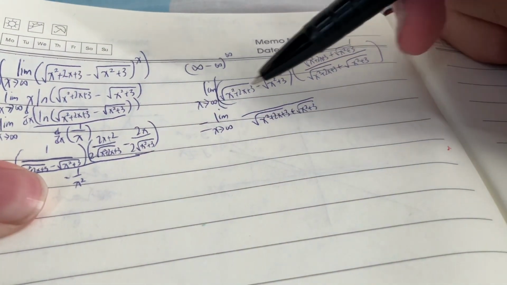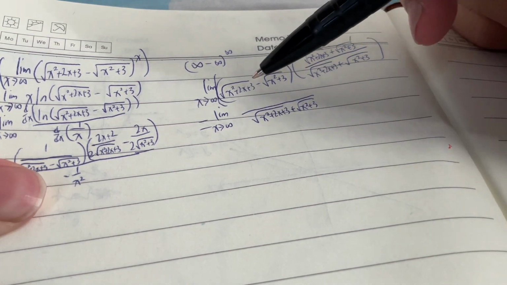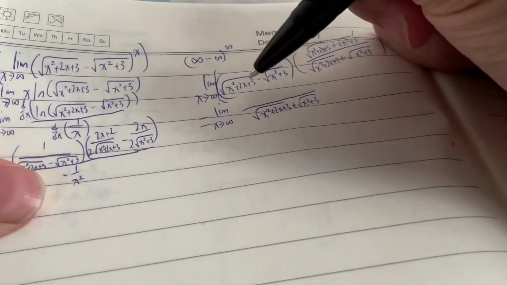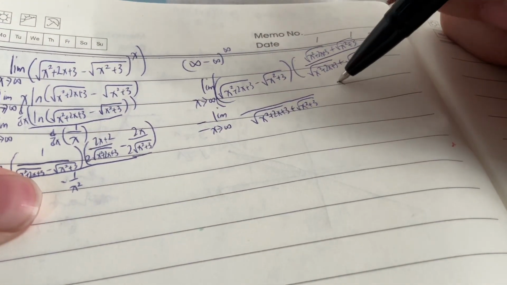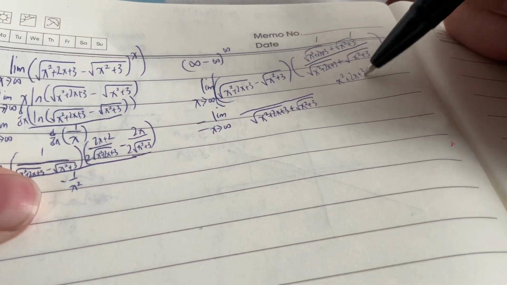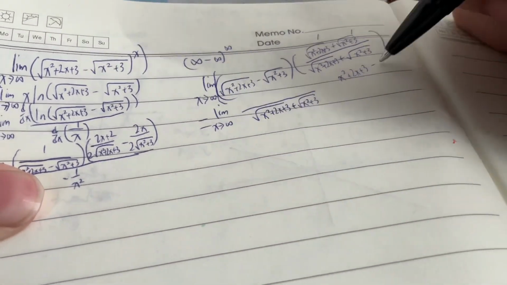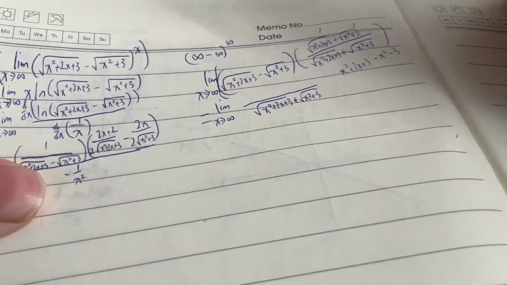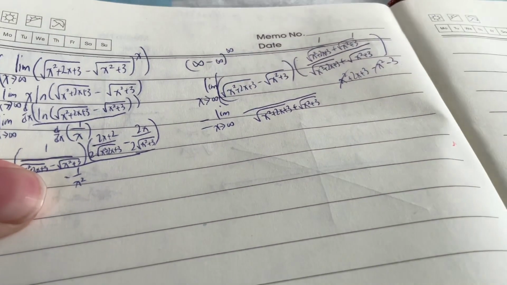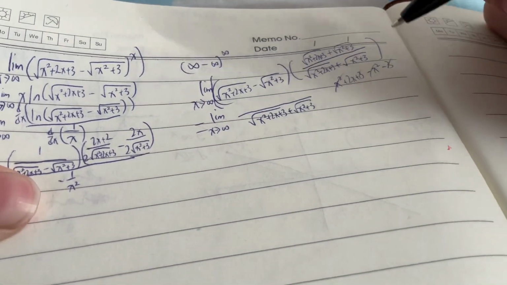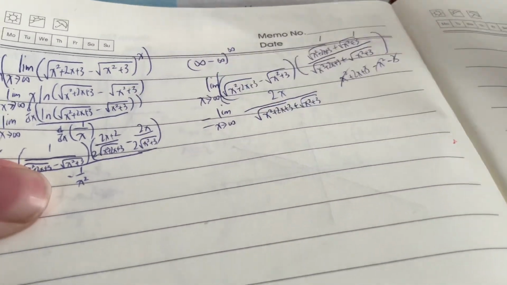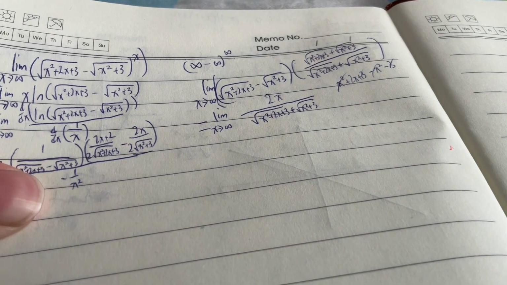Then a minus b times a plus b, so square this: x squared plus 2x plus 3 minus x squared minus 3. The x squared terms cancel each other out, and the 3 and 3 cancel, so we get 2x at the end.